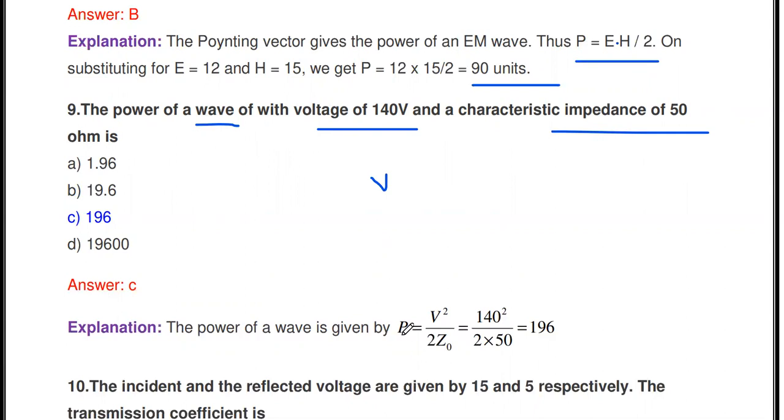The power P equals V squared divided by 2 into Z0. V is 140, so 140 squared divided by 2 into 50. Calculating, the answer is 196.